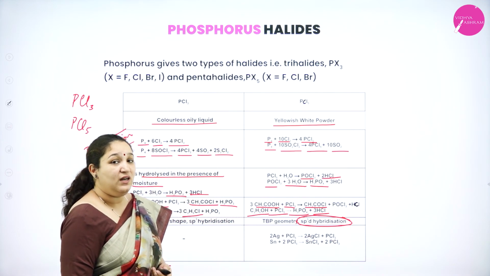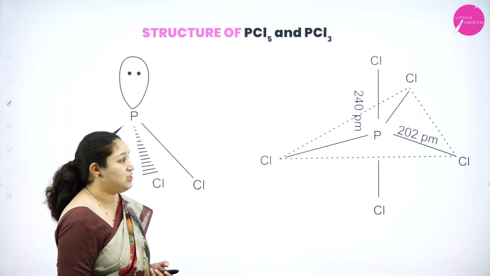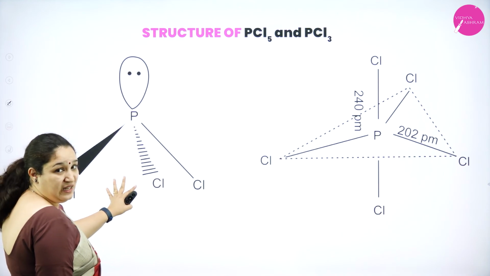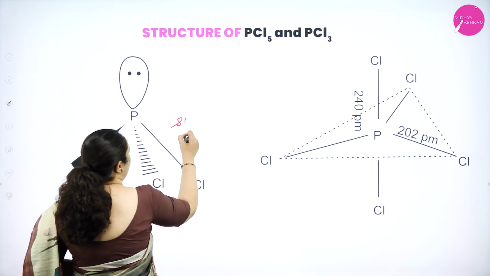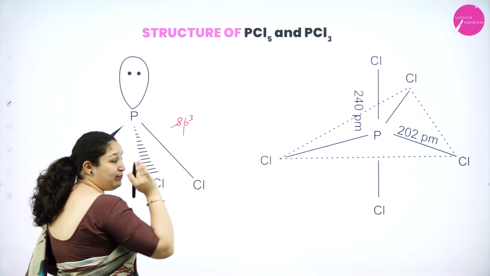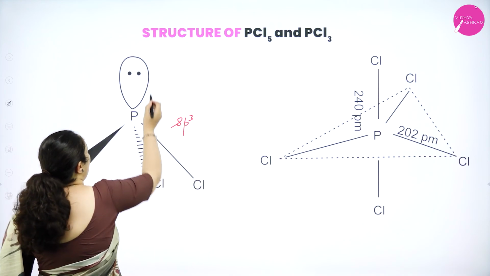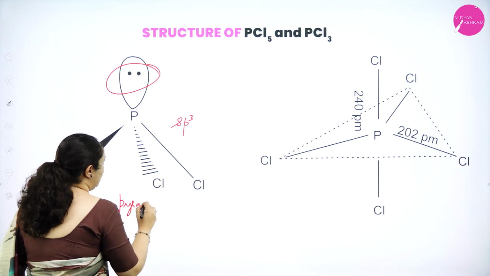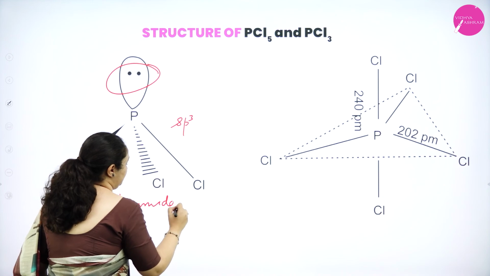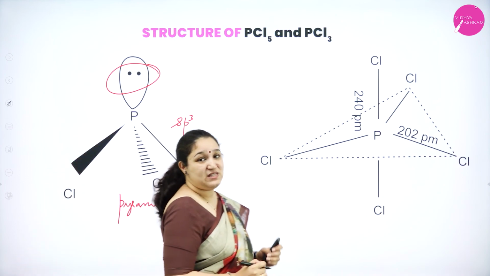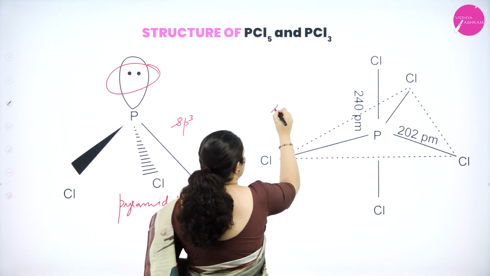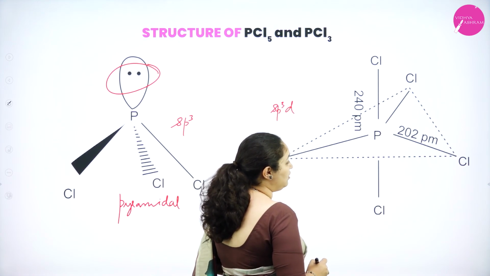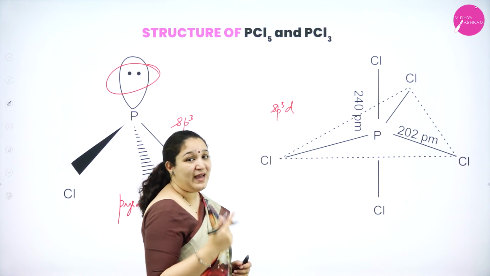Okay. Last, we are learning about the structure. I shall just explain about the structure of PCl5 and PCl3. PCl3 is undergoing sp3 hybridization. It should have been a tetrahedral structure, but because of the lone pair of electrons, it has got a pyramidal structure. Okay, and PCl5 undergoes sp3d hybridization, and it has got a trigonal bipyramidal structure.